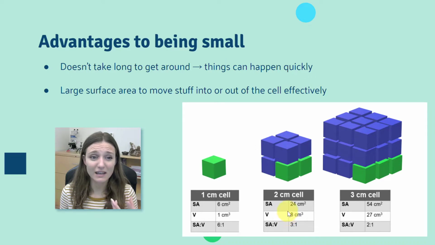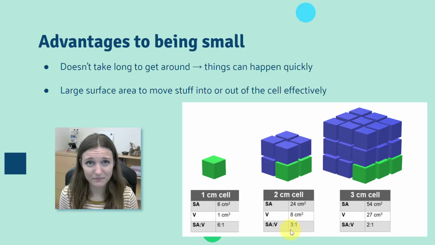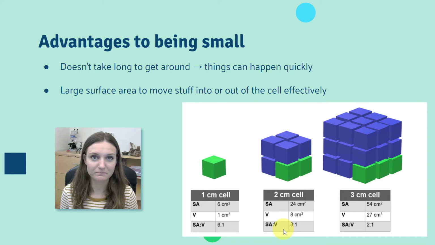So as we increase the size of a cell, we decrease the ratio of its surface area to volume. So now this cell, if it's 2 by 2, only has a 3:1 ratio of surface area, membrane that's in contact with the outside world, compared to the inside volume of that cell.